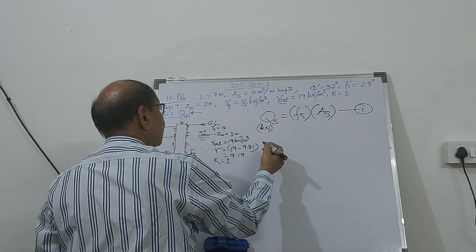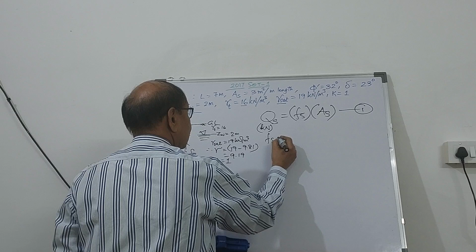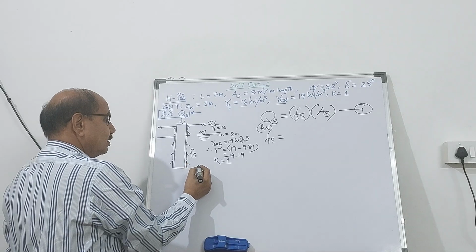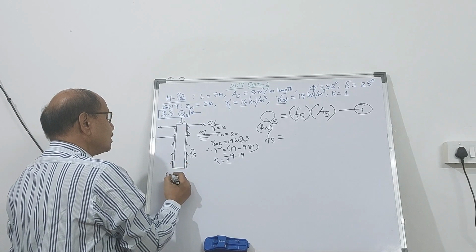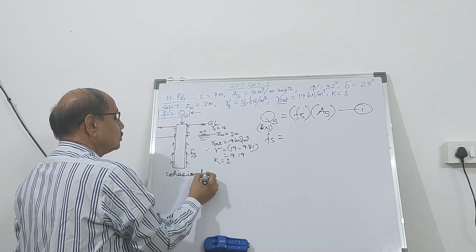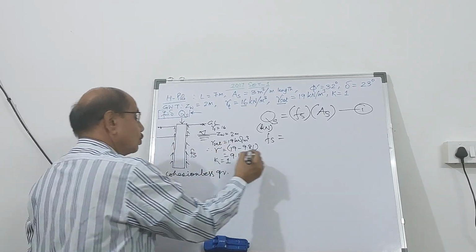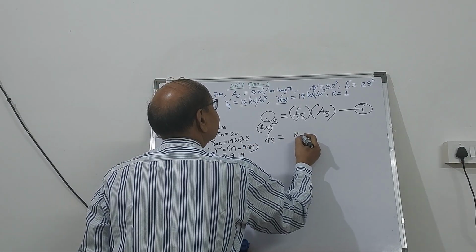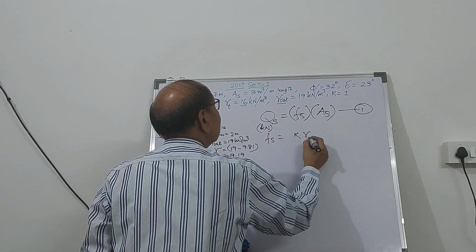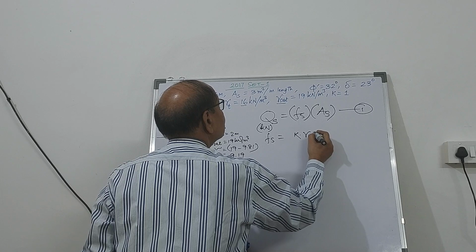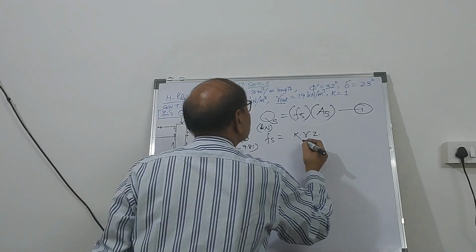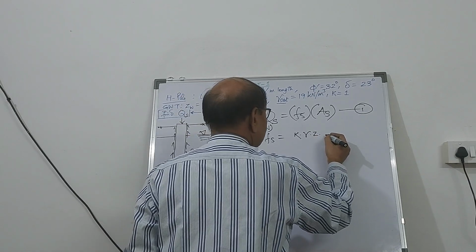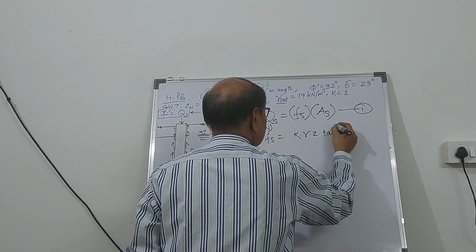and therefore Fs for sandy, because this is a sandy ground, cohesionless ground, the unit skin friction will be K times gamma into Z, that is the vertical pressure, gamma Z, multiplied by tan delta.